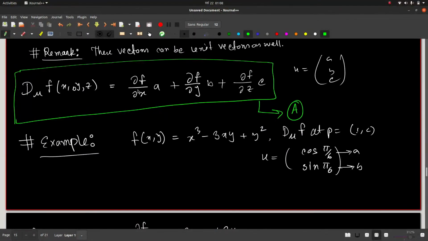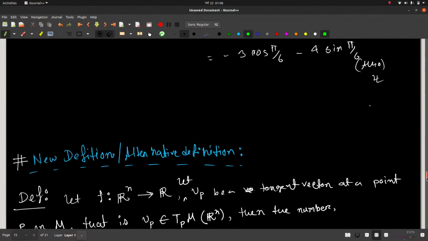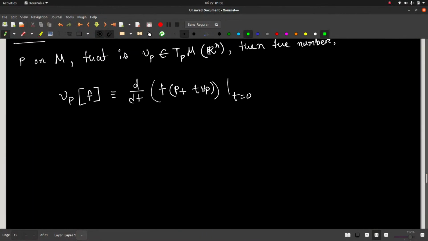You can see that this directional derivative not only contained the partial derivatives of the function, but also contained the components of that unit vector. And now the difference is that instead of a unit vector, we are saying that there should be a tangent vector on that manifold.